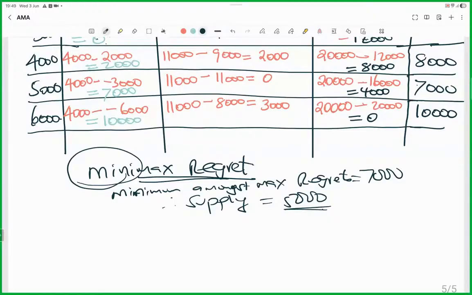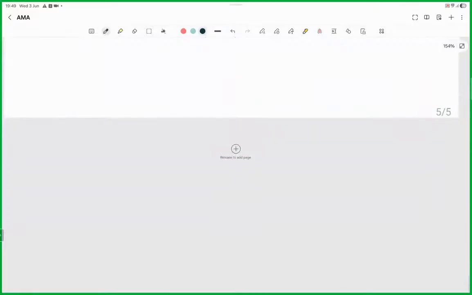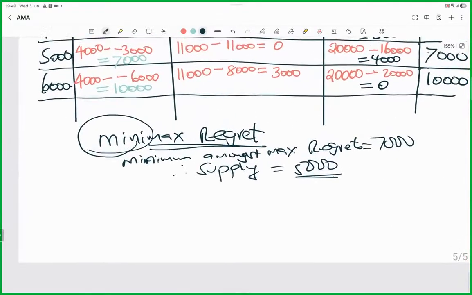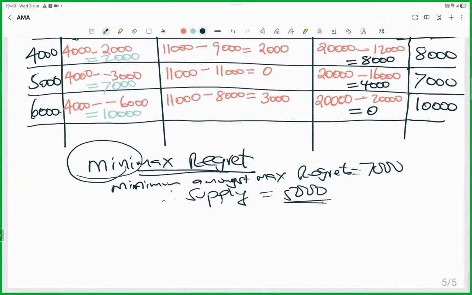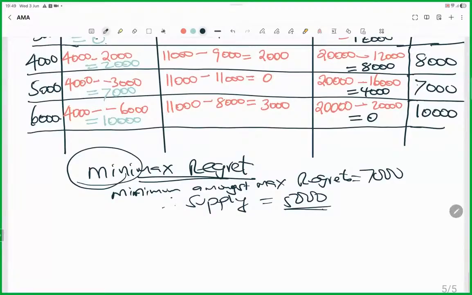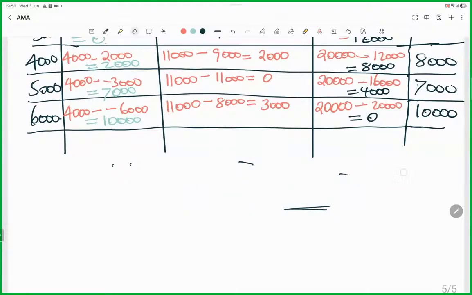So here the most important thing is for you to know how to calculate the regrets. If you don't know how to calculate regrets, you get 0 for the entire question. And I normally tell my students, anytime you hear this question being asked, when you hear them asking about what here?